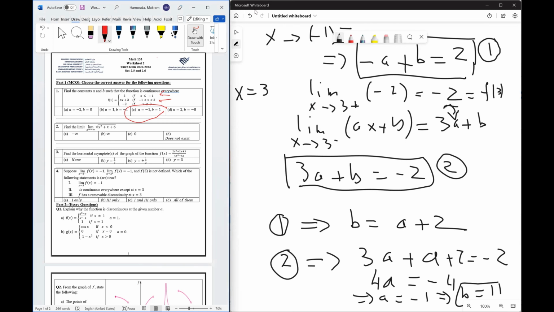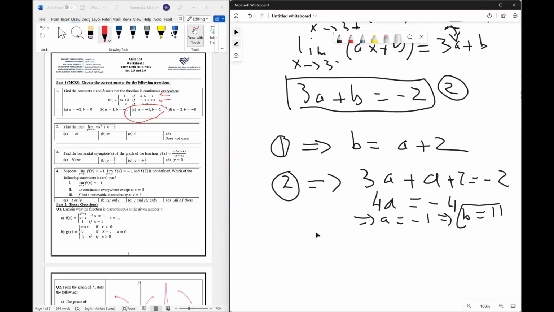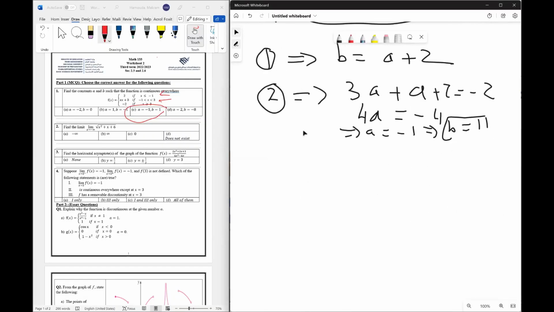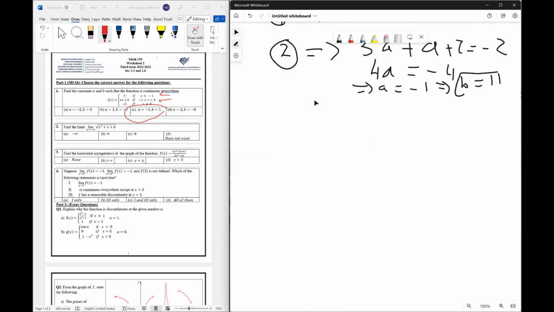Okay, now we move to the second MCQ. Number 2, we want to compute the limit of this function when x approaches minus infinity.